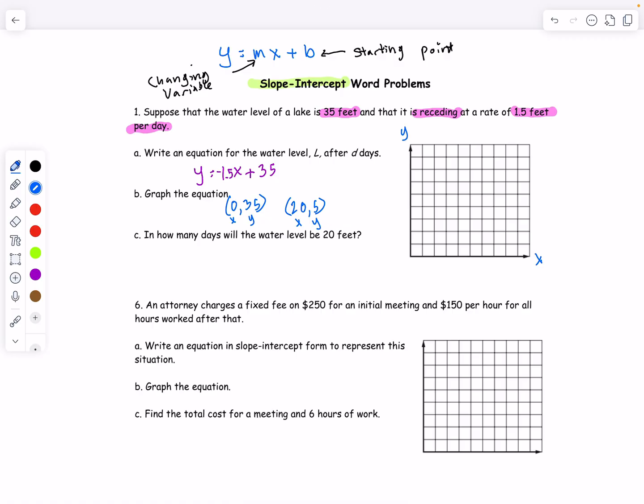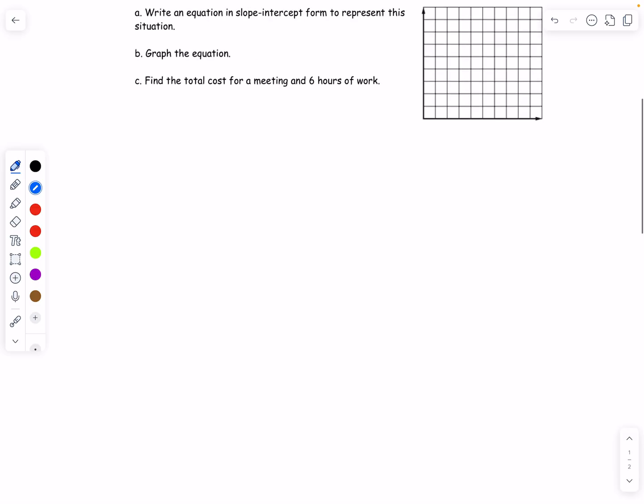Now, we know that this is like 1, 2, 3, 4, 5, 6, 7, 8, 9. The numbers that we have, 0, 35, are way bigger than 9. So we're going to have to make some adjustments, all right? We don't have to go by ones. We can skip. So we can say that we could go by fives.